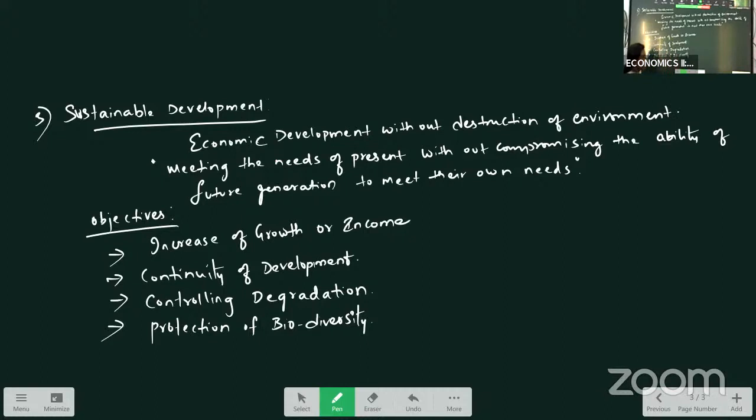And the environmental degradation caused by our development process can be controlled by sustainable development. And protection of our ecodiversity, biodiversity, and genetic diversity is possible through sustainable development. So this is one more 5 marks question. What is sustainable development?